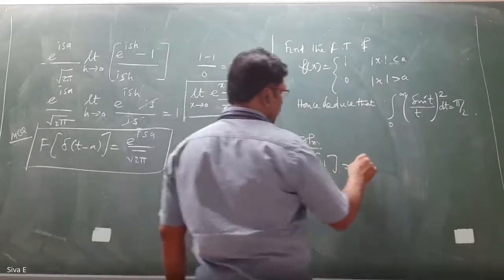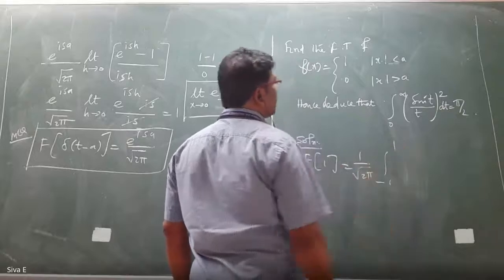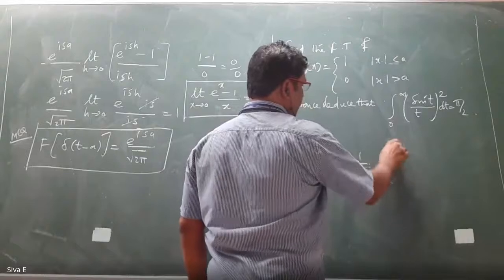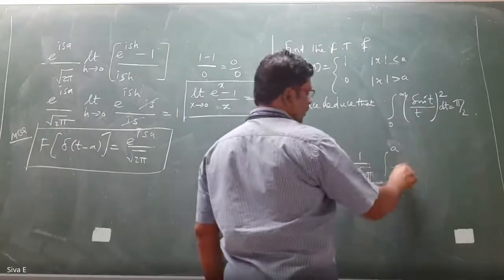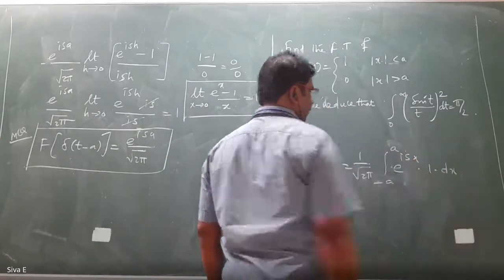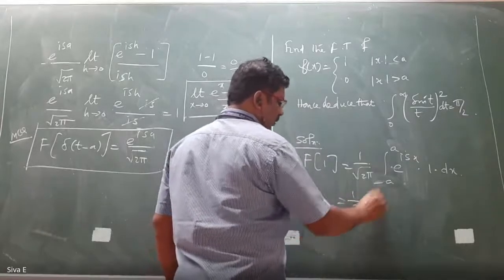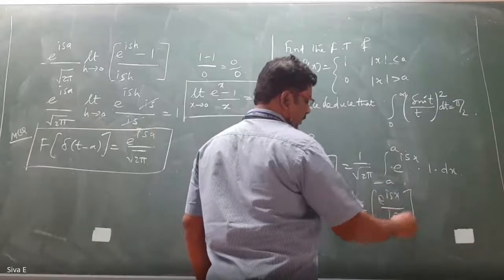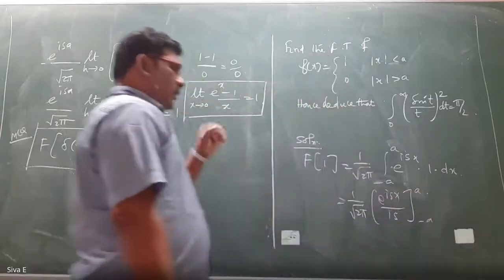So that means 1 by root 2 pi, the integral from minus a to plus a of e power isx times f of x, which is 1, dx. So 1 by root 2 pi, e power isx by is, from minus a to plus a.